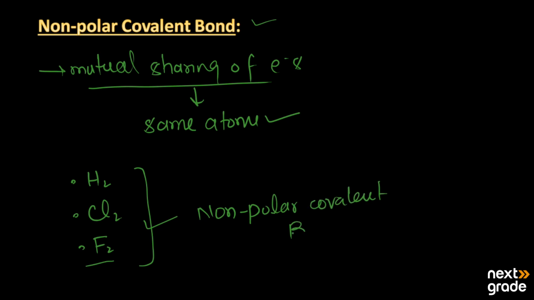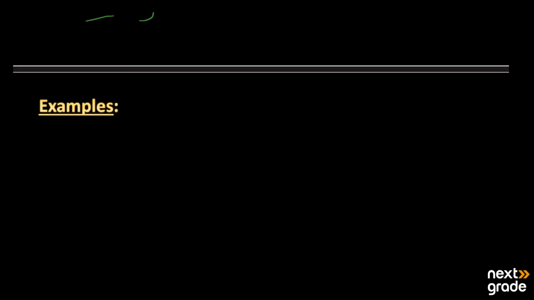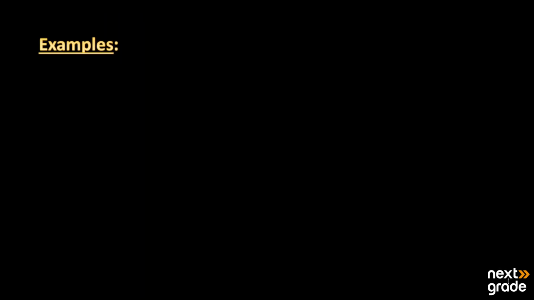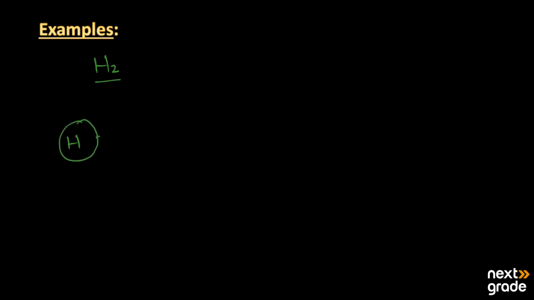Let's discuss the first example, that is hydrogen, H2. The first hydrogen has one electron, and the second hydrogen also has only one electron.